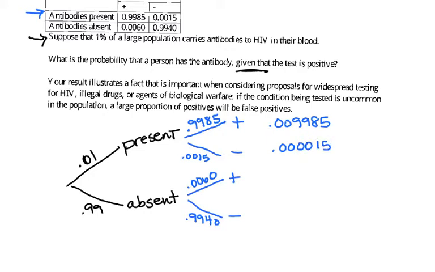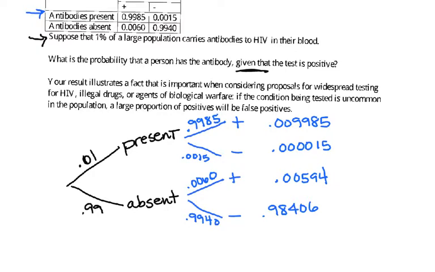We multiply 0.99 times 0.0060, and we get 0.00594. And we multiply 0.99 times 0.9940, and we get 0.98406.